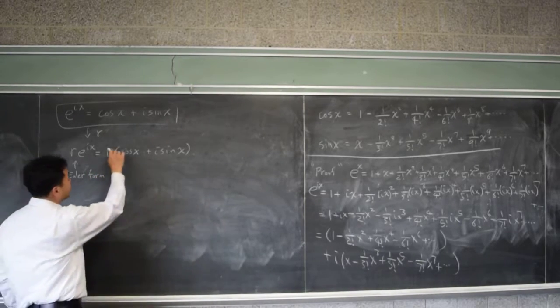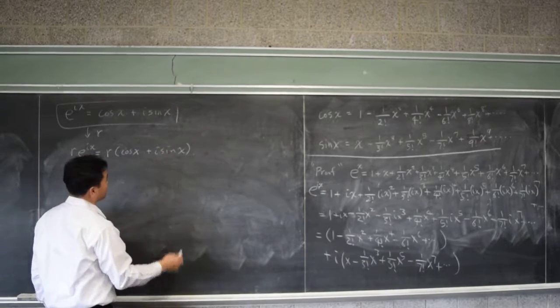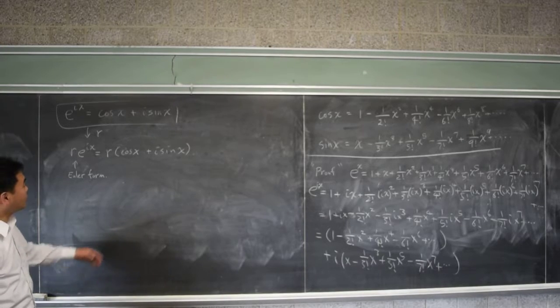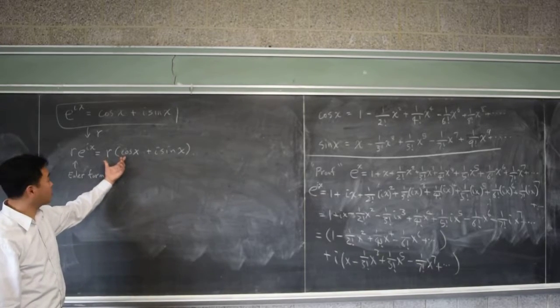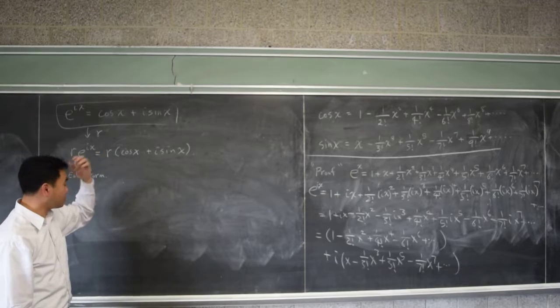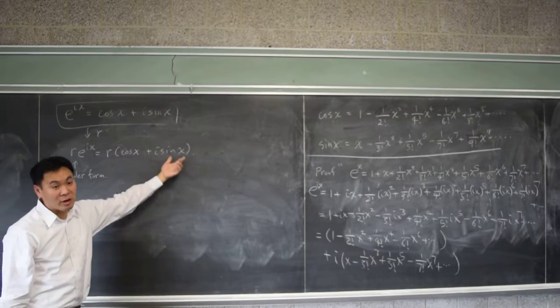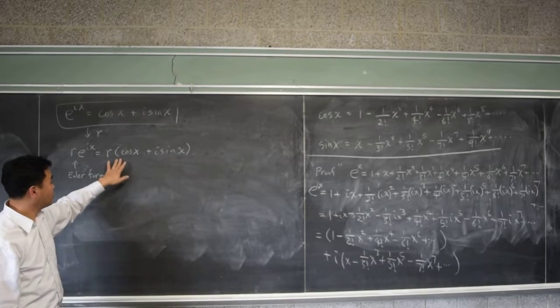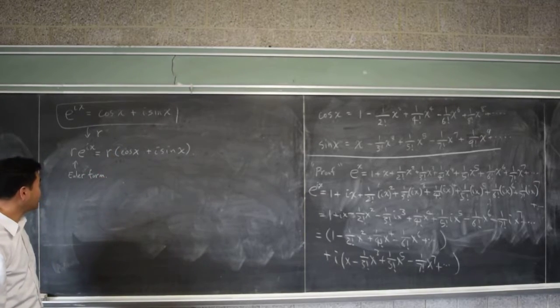And if you multiply this out, you will just have a regular x component, the real part and the imaginary part. The multiplied out one will be called the rectangular form.